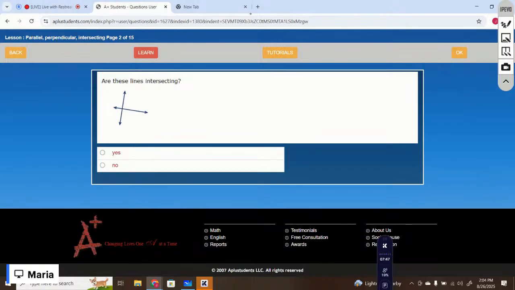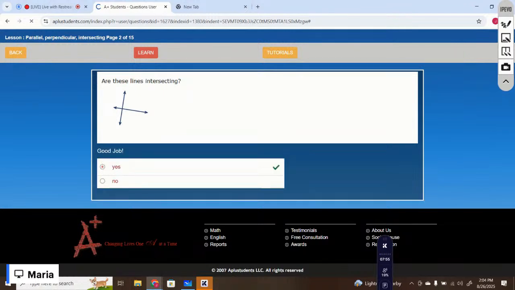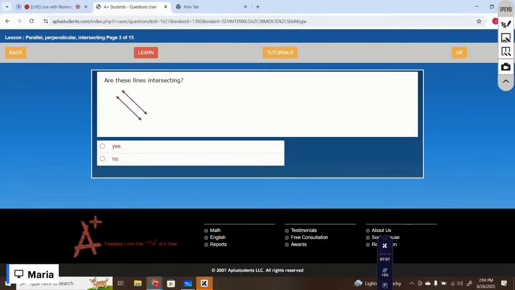Yes, they are intersecting lines. Are these lines intersecting? No, they are the parallel lines, right? They never intersect each other.